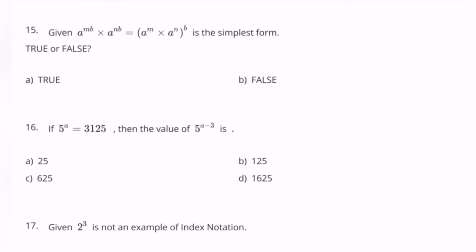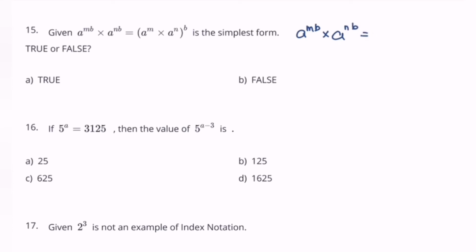So for question 15, given that a to the power of mb multiplied with a to the power of nb is equal to a to the power of m plus n, the whole to the power b, in the simplest form. So kindly simplify the situation. a to the power of mb multiplied with a to the power of nb.